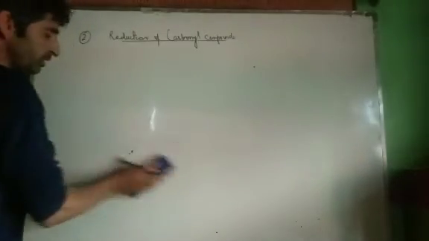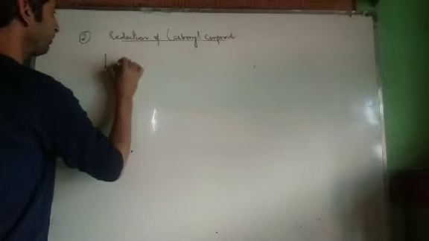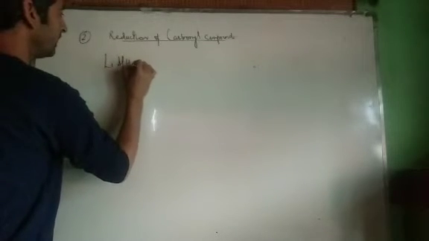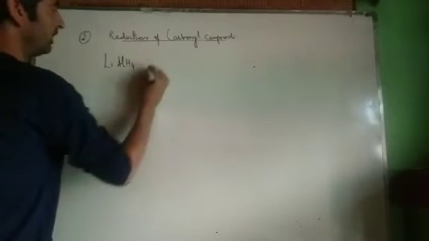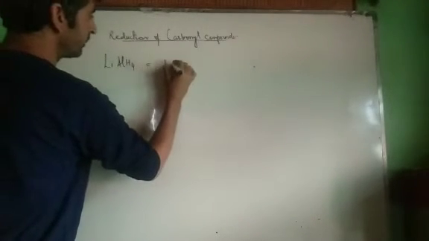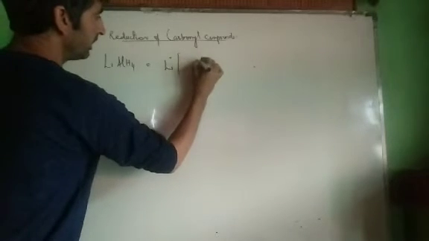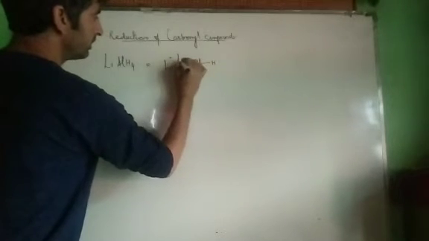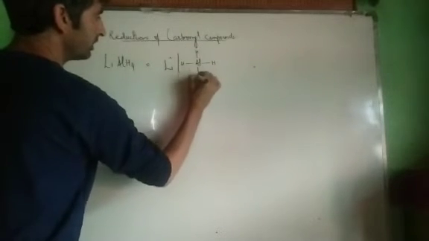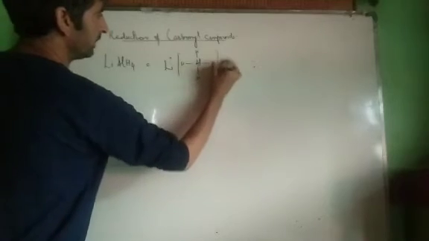Now we have different reducing agents. First we will name certain reducing agents. We have lithium aluminum hydride as a reducing agent. Lithium aluminum hydride is Li plus and AlH4 minus.